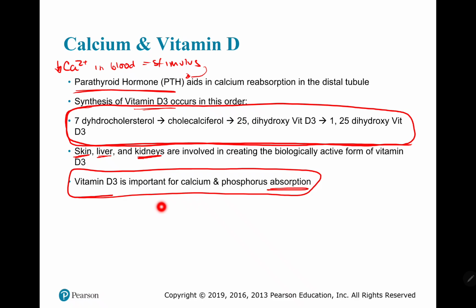It's the cholesterol in your epithelial cells, in your cell membrane in your skin, that gets converted to a form that gets sent to the liver, then ultimately converted and sent to the kidneys. We can see this process here. It goes from 7-dehydrocholesterol to cholecalciferol to 25-hydroxyvitamin D3 and then 1,25-dihydroxyvitamin D3. So remember that as well.